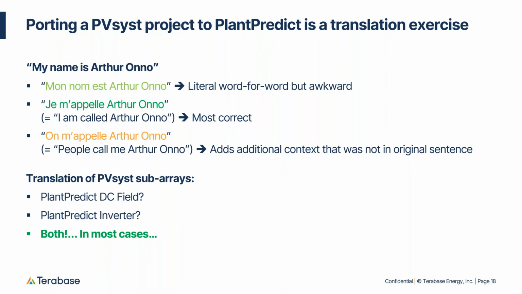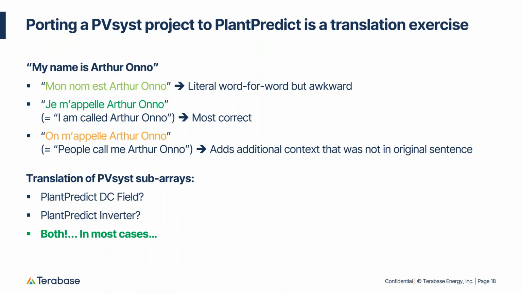I can say "Mon nom est Arthur Ono," which is literal word for word, but it's awkward and no French person would ever say that. I can say "Je m'appelle Arthur Ono," which is the most correct way to translate it, literally "I am called Arthur Ono," or I can say "On m'appelle Arthur Ono," which means people call me Arthur Ono. And here I do something very particular, which is that I'm adding context to my translation.